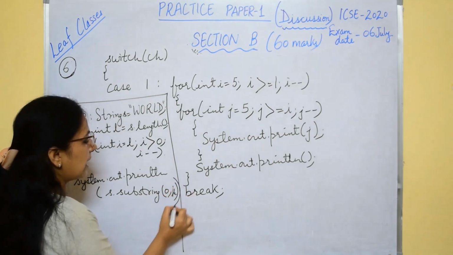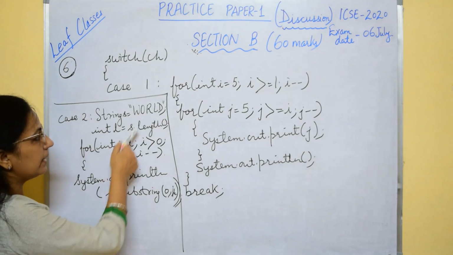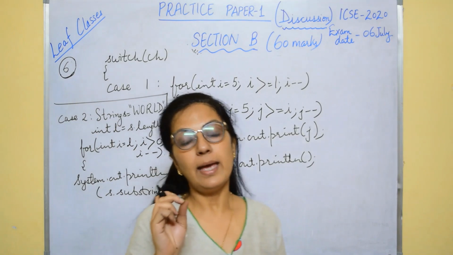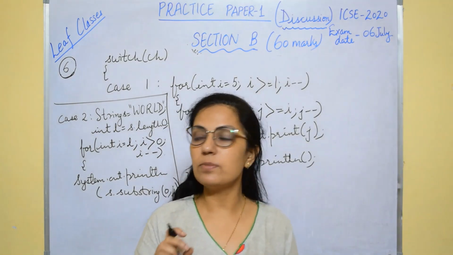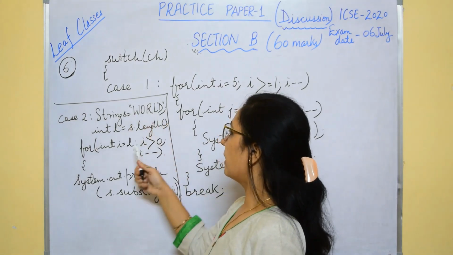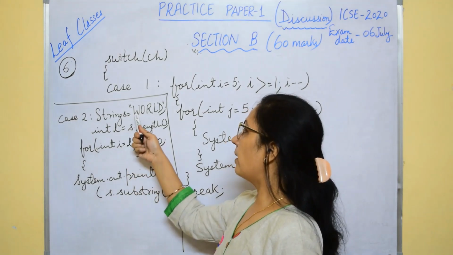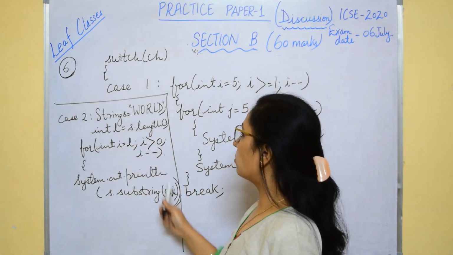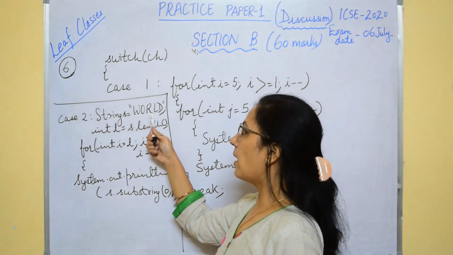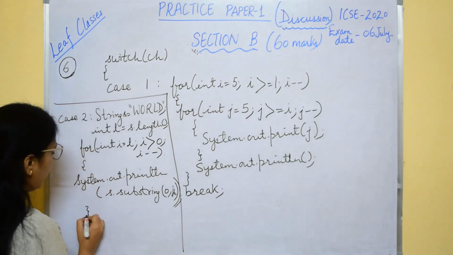For the first time the value of i is l, that is here 5. So from 0 to 5 excluding 5, that means from 0 to 4. So 0, 1, 2, 3, 4, all letters. Next time when i becomes 4, it will display from 0 to 3, WORL, then WOR, WO and W.